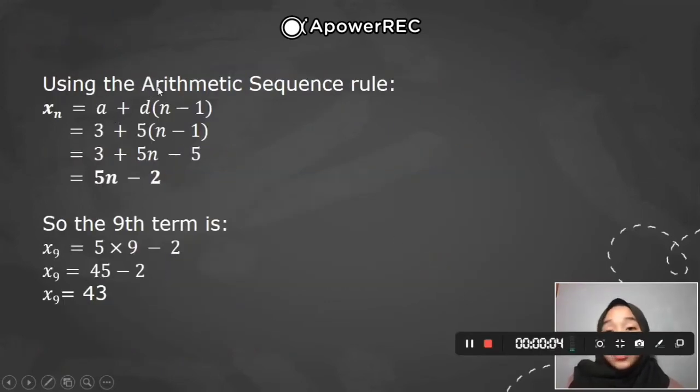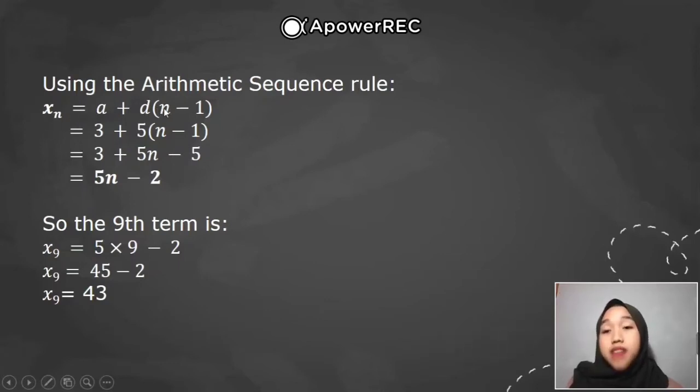Using the arithmetic sequence rule, xn equals a plus d times n minus 1, we know a is 3 plus the common difference 5 times n minus 1, which is 3 plus 5n minus 5, so 5n minus 2.